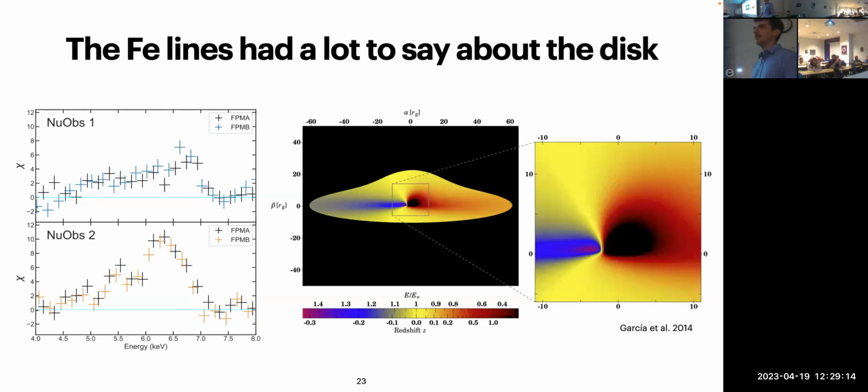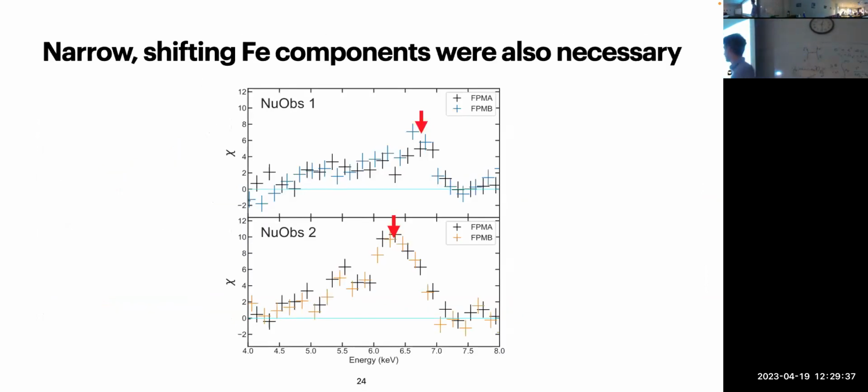That can happen for a couple different reasons, right? The geometry of the system that we're looking at can change over time in terms of what we call the reflection fraction, right? How much of the iron is being fluoresced, and how much of the disk are we able to light up with the corona or something compared to other? But it's hard to tell because, as I'm about to show, there are also some narrow components on top.